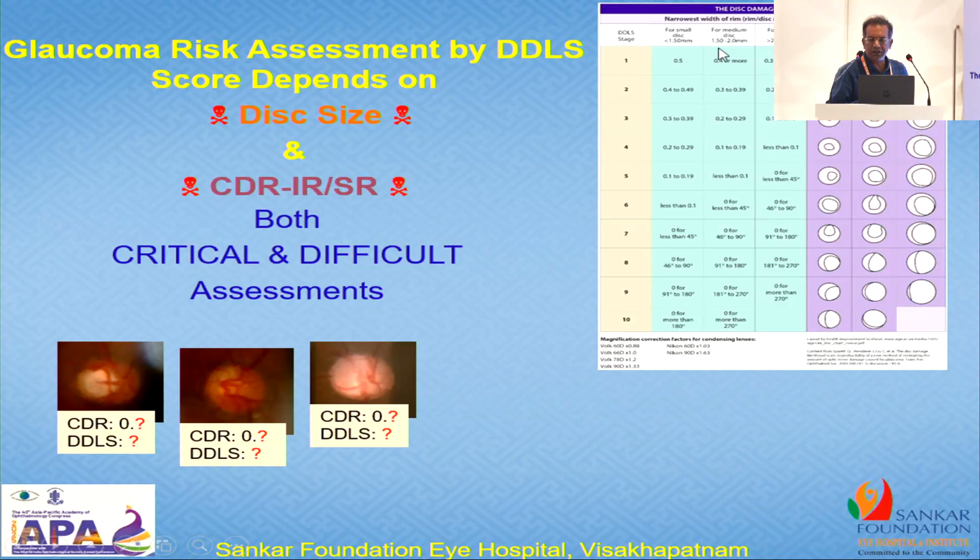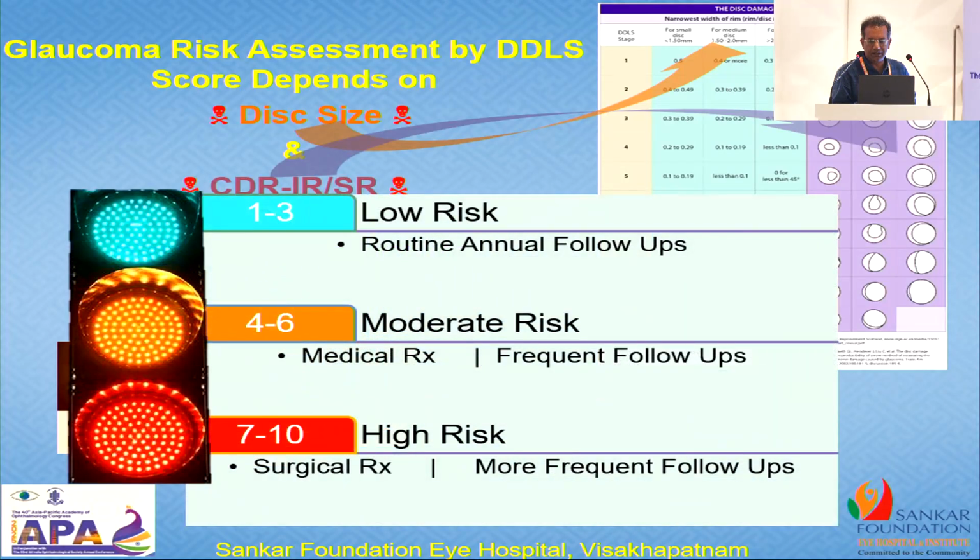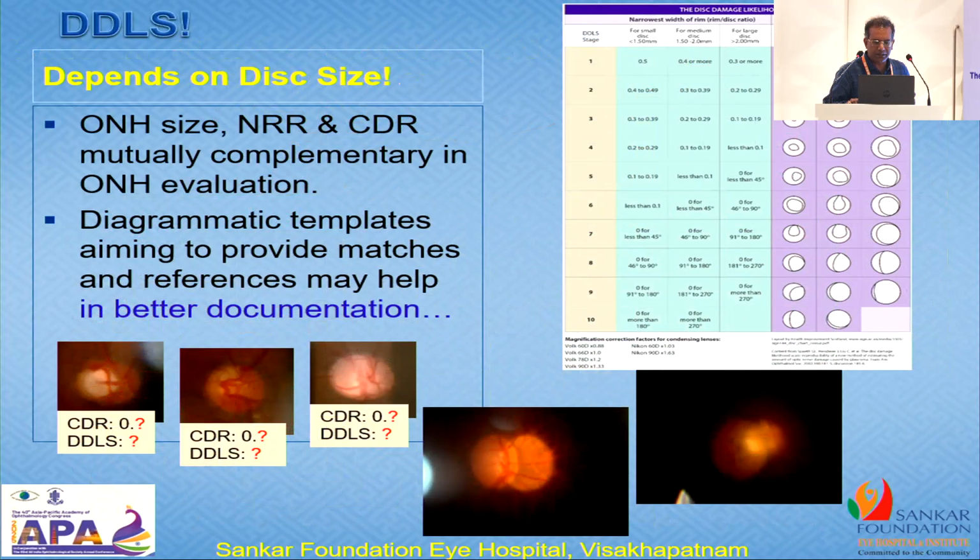As we see, we have the disc damage likelihood scale, where we have the disc sizes and the corresponding templates given to us, but somehow we find that there is a need for further improvement in the disc templates, and that has been our effort, so that we can grade the discs as low risk, moderate risk or high risk at an early stage of the documentation.